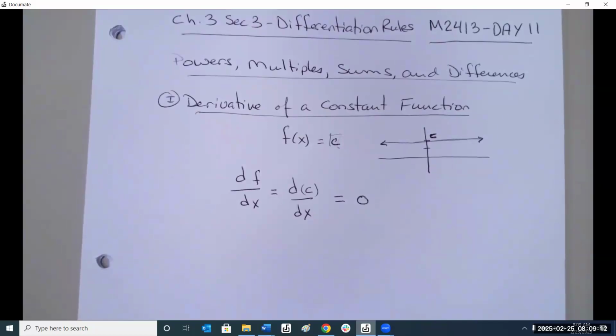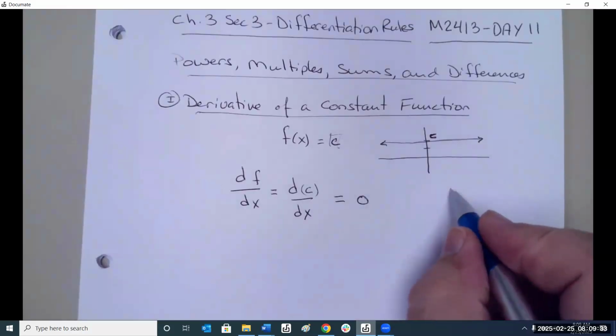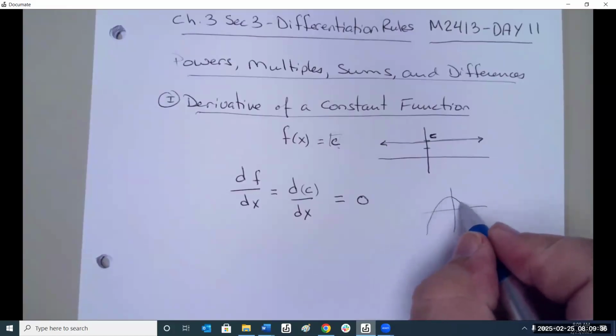Because, well, if you think about it, I'm jumping ahead here, but where can we use this concept from? Where can we use this idea in graphing? You thinking? Think of a graph. Let's think of a cubic function.